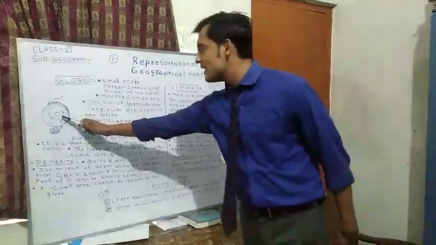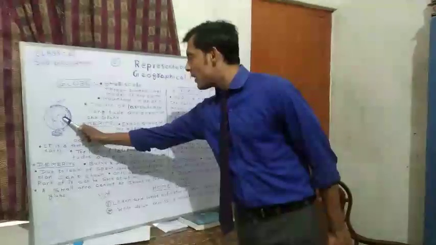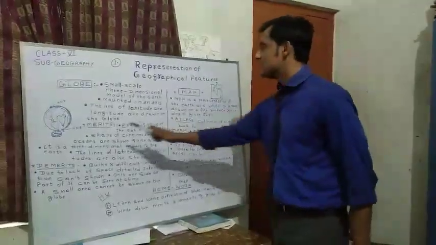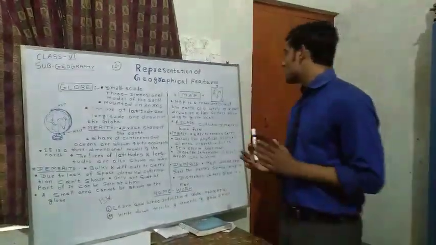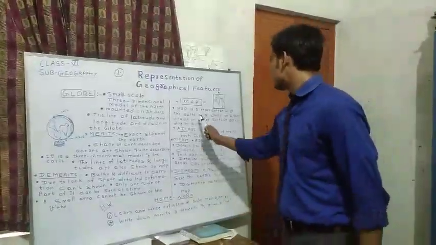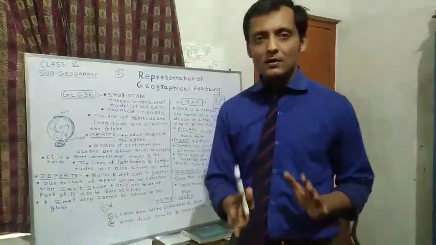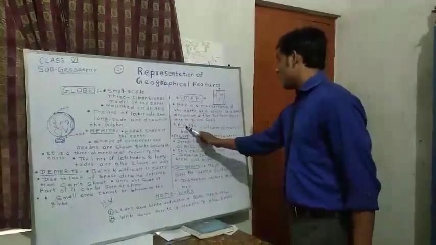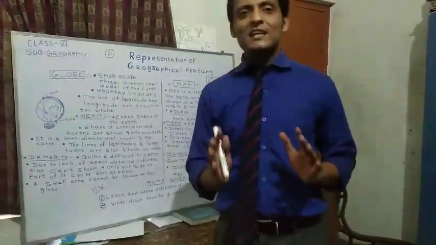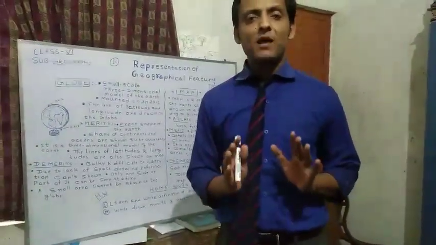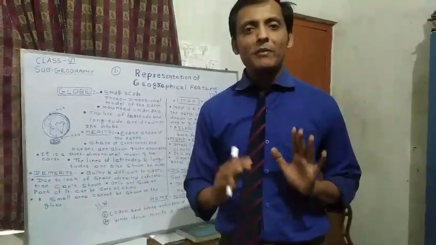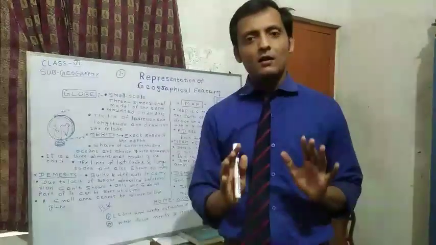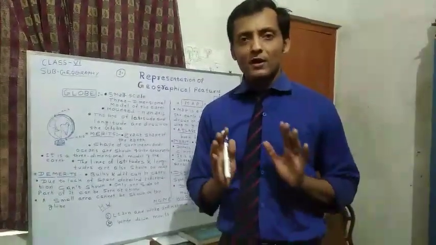A map is a representation of the Earth as a whole or a part of it drawn on a flat surface. When we transfer information onto a flat surface, it is called a map. If you want to represent any part of the Earth or the whole Earth's surface on a flat surface, it is called a map. Next, maps are always made according to some scale, according to some measurement. So there is a perfect measurement on a map.